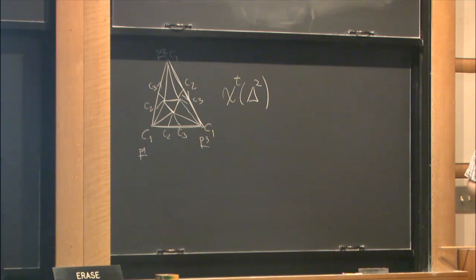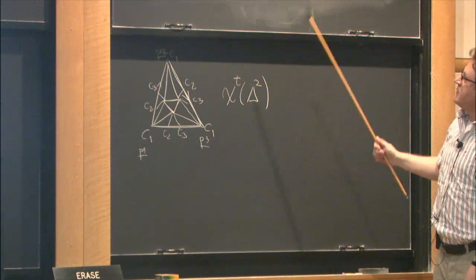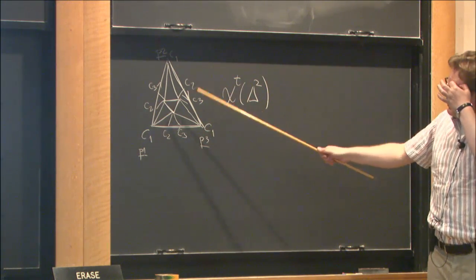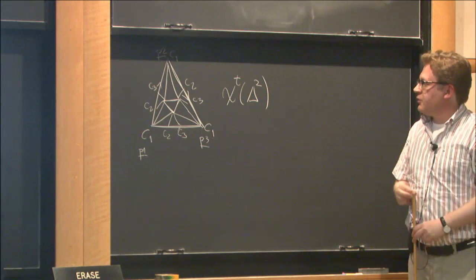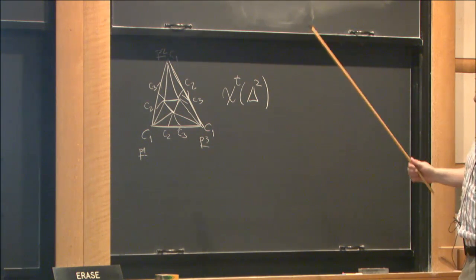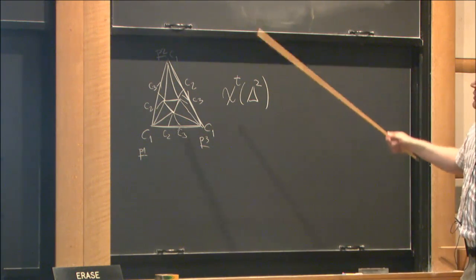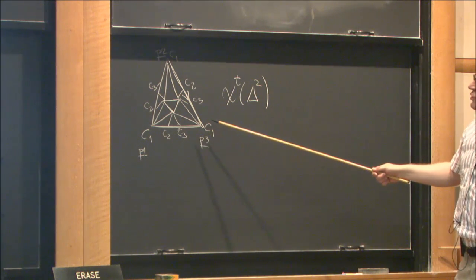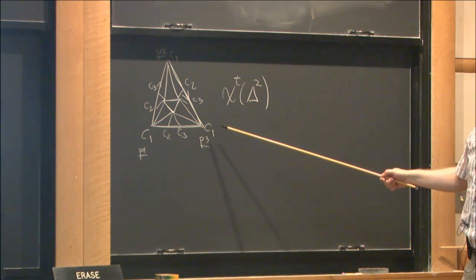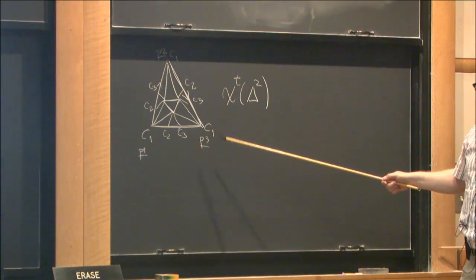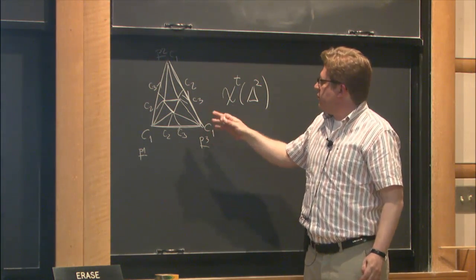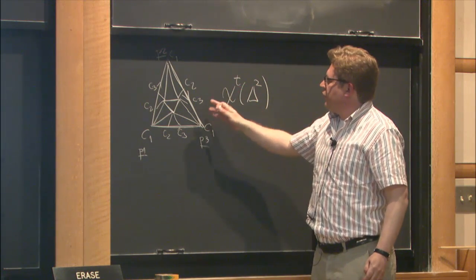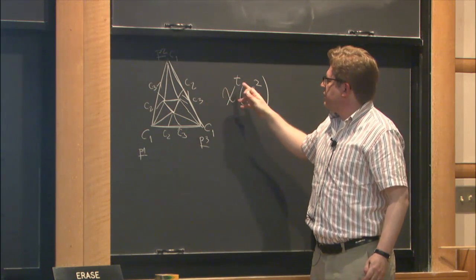And the question is the same: how many colors do I need to color these vertices? Here we needed 3. For a triangle, you can show that 5 is the right answer. There exists t, the number of colors which you need.